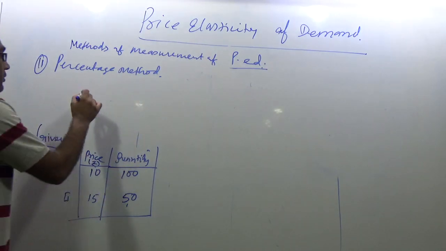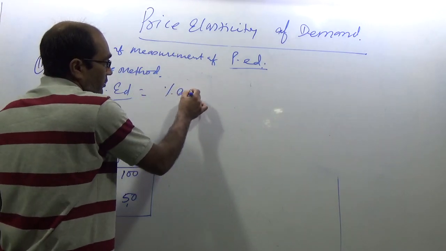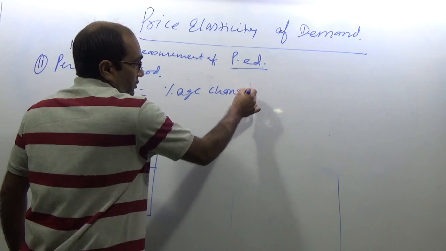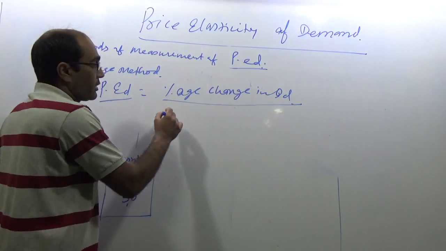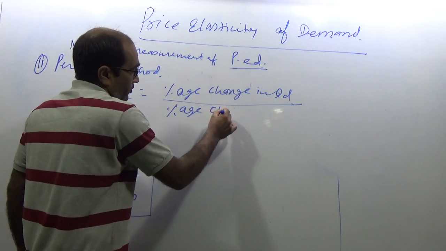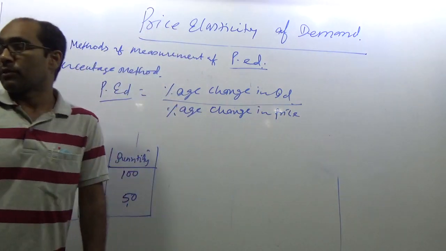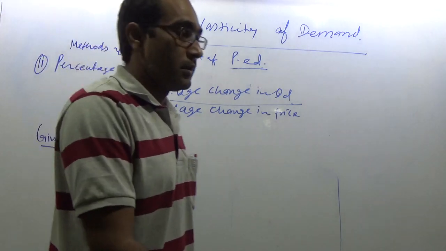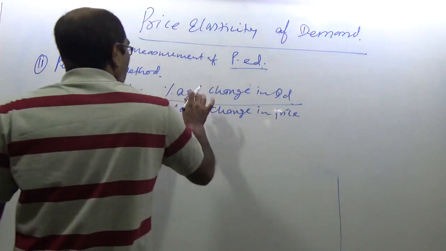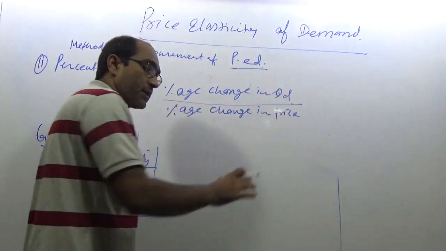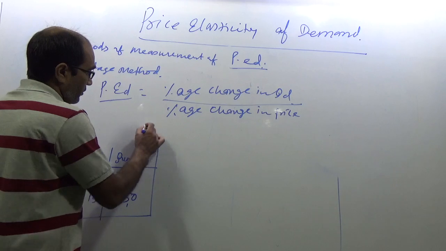What you have to do here: price elasticity of demand equals percentage change in QD upon percentage change in price, percentage change in quantity demanded upon percentage change in its price. So we have to calculate percentage change in demand as well as percentage change in price separately. So see the solution.